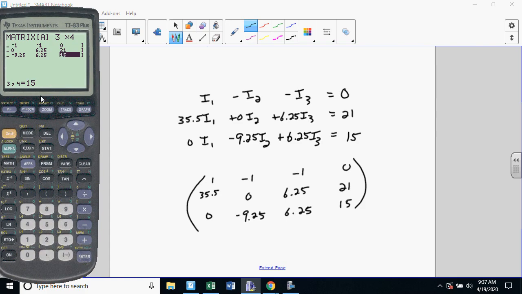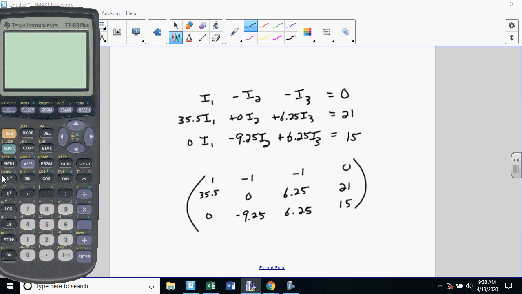Okay, and then I need to get out of here. I need to quit. So second quit, just to confirm that my matrix looks good, I'm going to go back to matrix, hit enter, and this is what matrix A looks like. It's 1, 35.5, and 0, negative 1, 0, negative 9.25, negative 1, and these 6.25s, and then 0, 21, and 15. So that looks good.